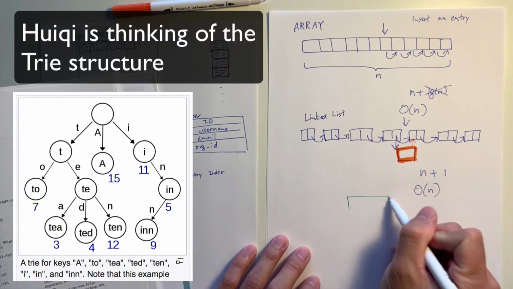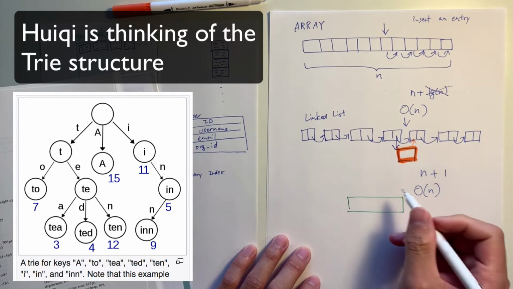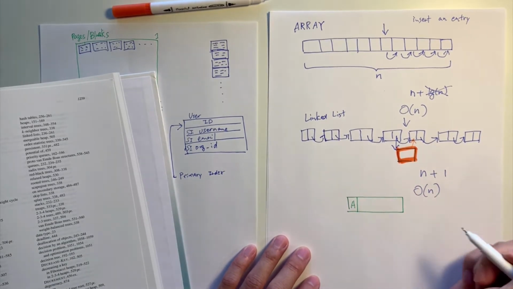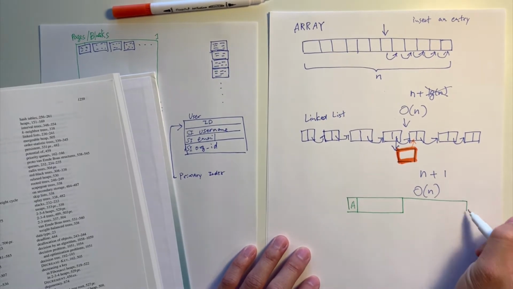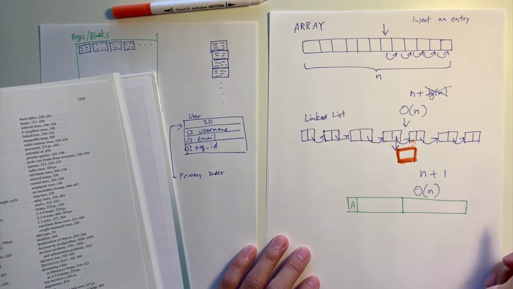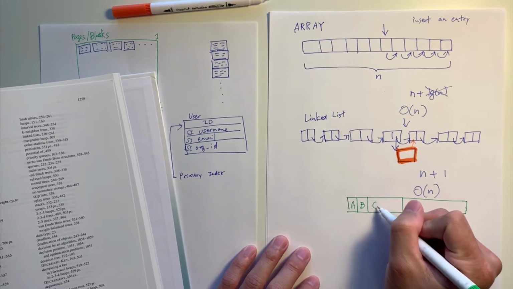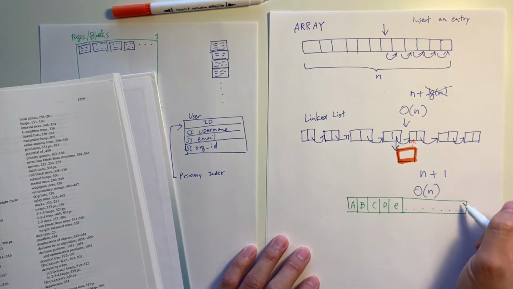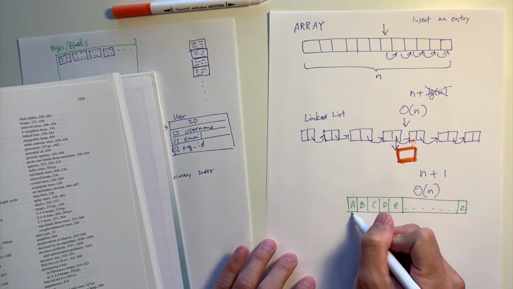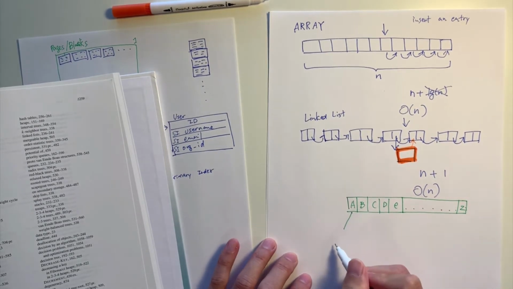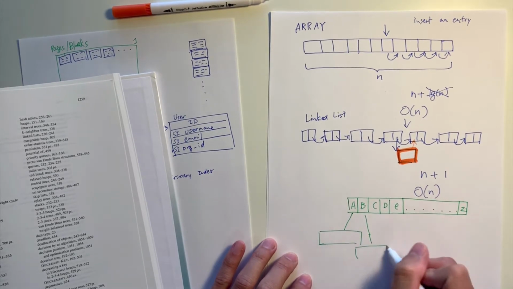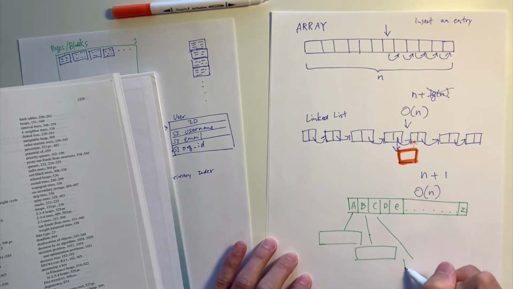So one way is we can divide up the index into 26 bins, one for each letter in the alphabet, A to Z, and then all the A's are in a bin, and all the B's are in a separate bin, all the C's in a separate bin.